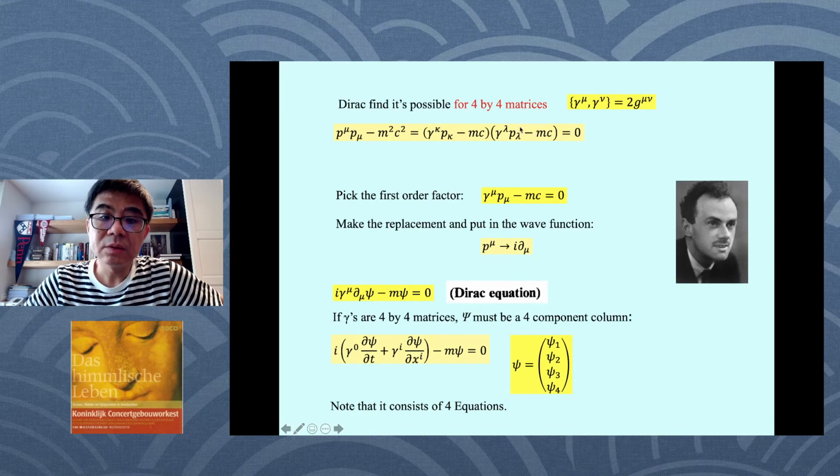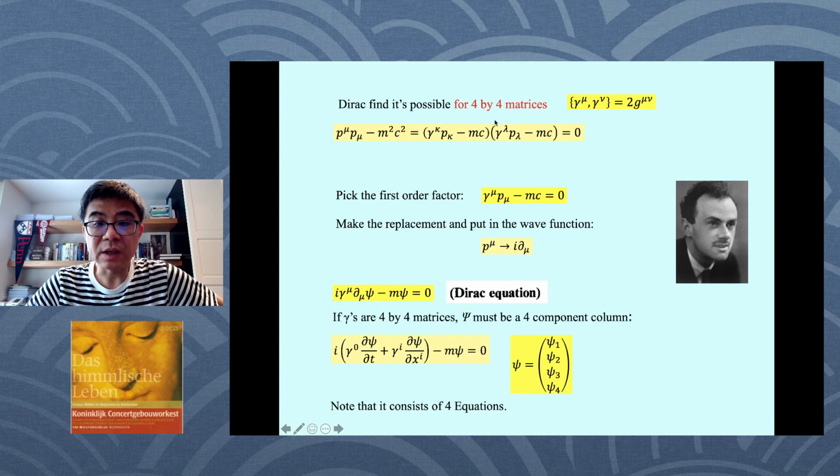Therefore, we pick the first order factor like this one and write it in terms of gamma mu p mu, just like here: gamma mu p mu minus m c equals 0. And then we make the usual replacement of p mu with the derivative with respect to x mu. P mu replaced by this, then this equation becomes i gamma mu partial mu minus m equals 0.